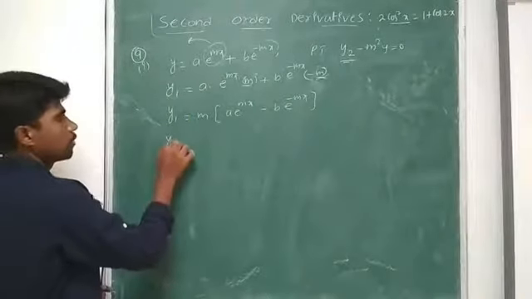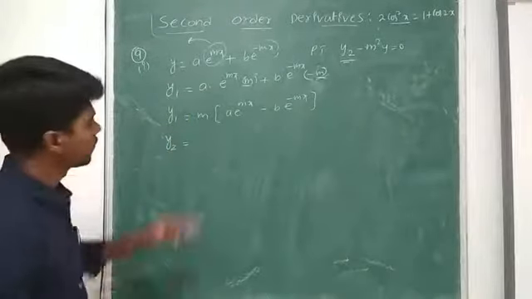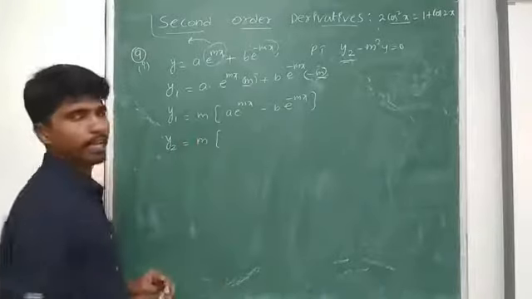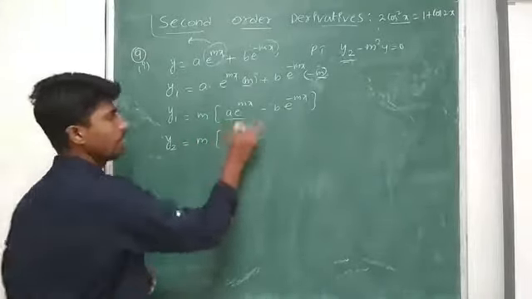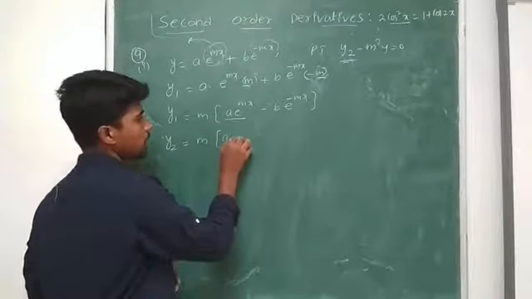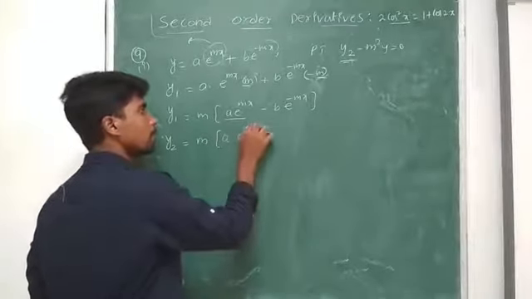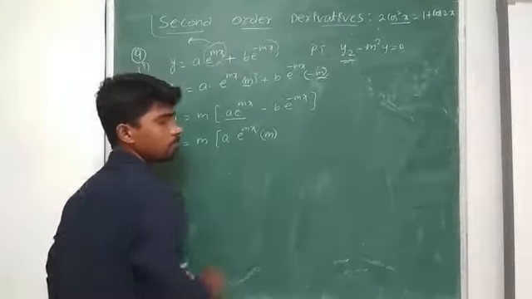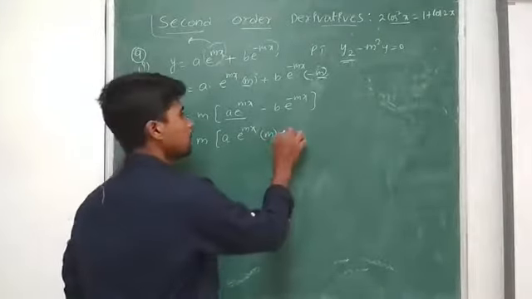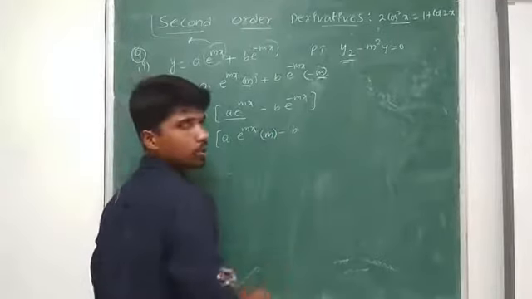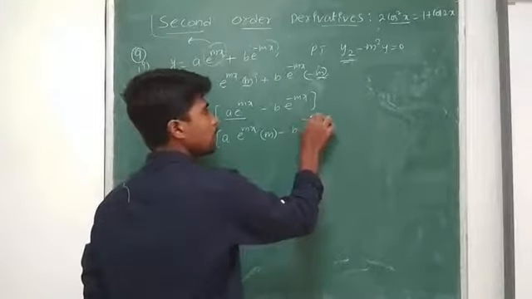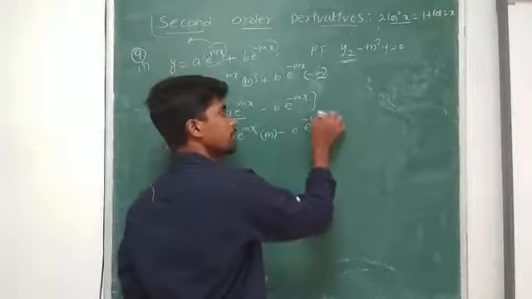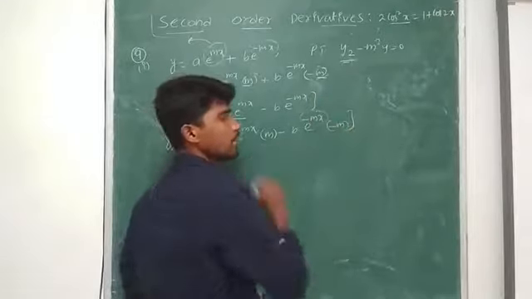Now second derivative y2 is equal to, m is a constant, so no need to go for UV form, m outside. Now differentiation of a into e power mx is nothing but a into e power mx into m, okay, minus b into e power minus mx into minus mx derivative, minus m.